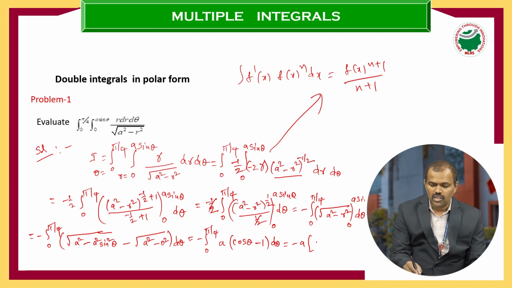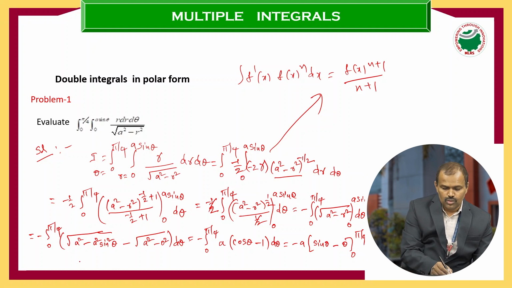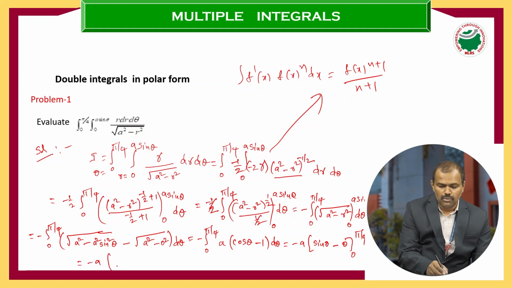Integral of cos theta is sin theta minus integral of 1 d theta, that is theta, within the limits 0 to pi by 4. Now we should apply the limits of pi by 4 as upper limit and 0 as lower limit. So that is equal to minus a into, first I am writing upper limit, that is sin pi by 4 minus pi by 4.